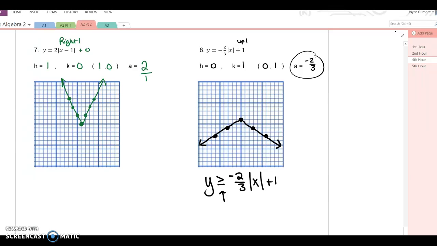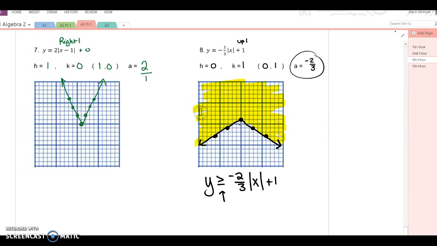Greater than, bigger, up. Or pick a point like (0, 0) and test it in the inequality. If it makes a true statement, shade that side. If it makes a false statement, shade the other side. But greater than, we would shade up, so you'd shade all of this area above our boundary line graph.